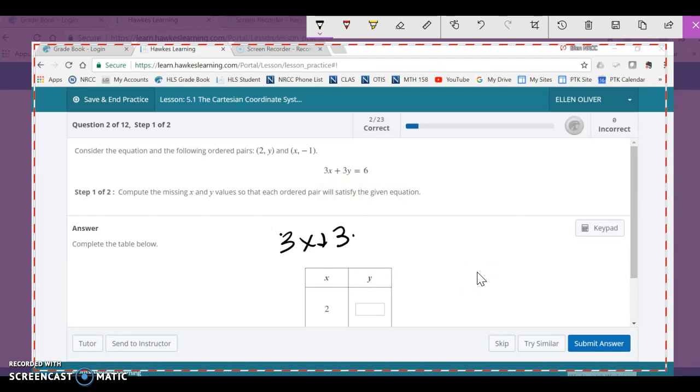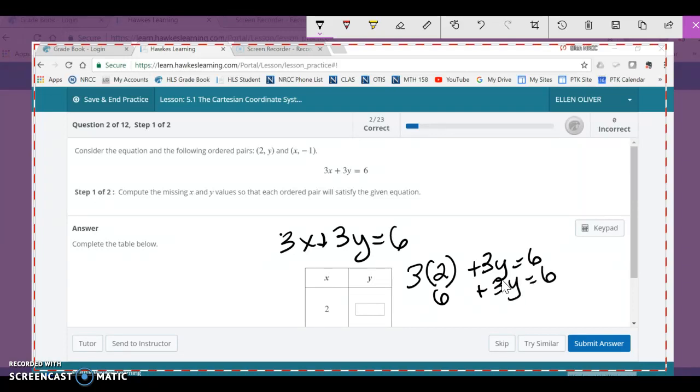Okay, now I can't scroll, but this is not a perfect video, but it gives you the idea. I'm going to plug in x equals 2 here. So I'm going to have 3 times 2 plus 3y equals 6, and I'm going to solve for y. So 6 plus 3y equals 6.